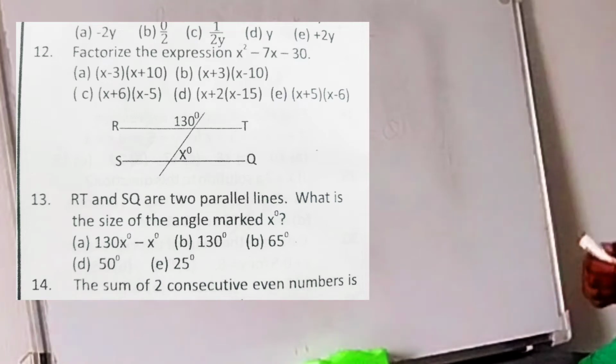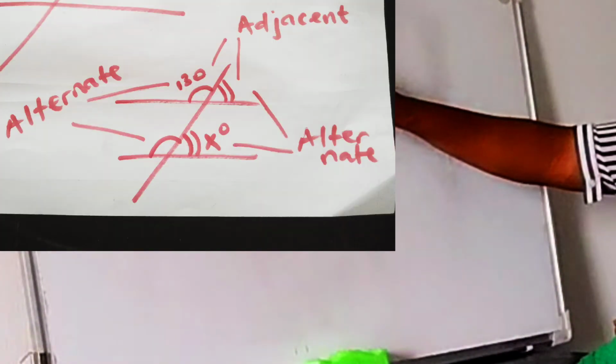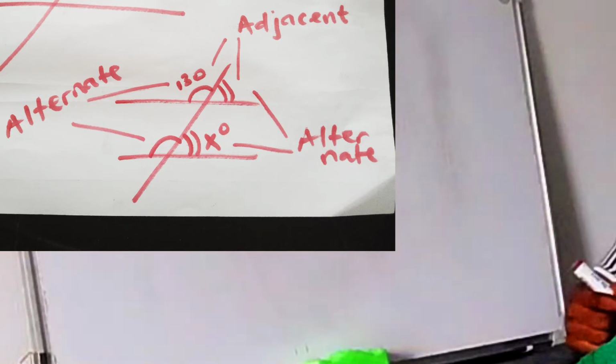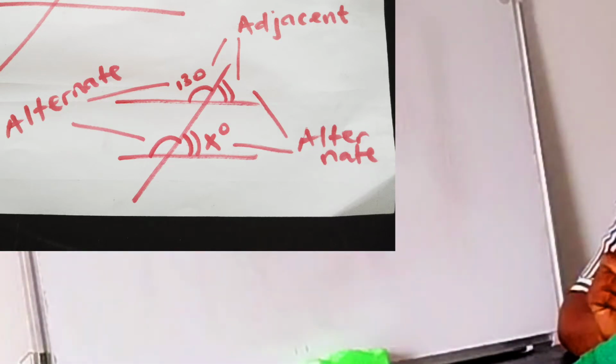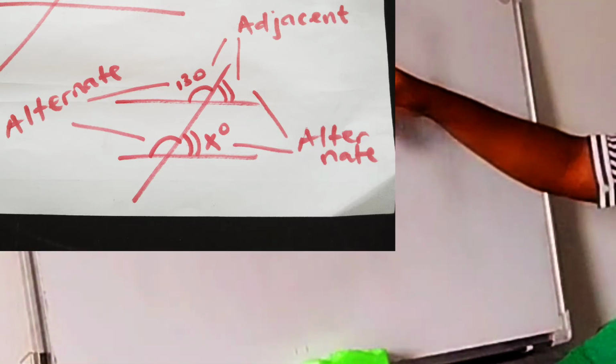So, these 2 angles, what do you call them? I think they're more of alternating angles. They are adjacent angles, right? Yes.